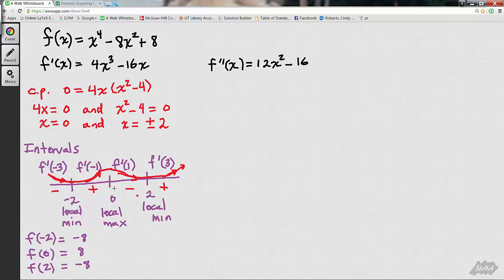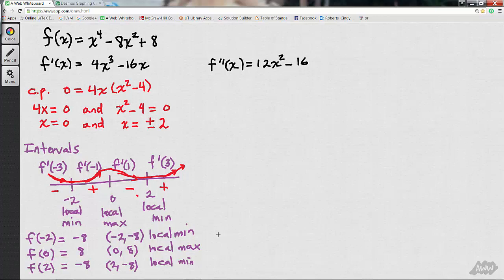So at -2, -8, that's the actual point of my local min. At 0, 8, that's the actual point of my local max. And at 2, -8, that's my actual xy point of my local min.